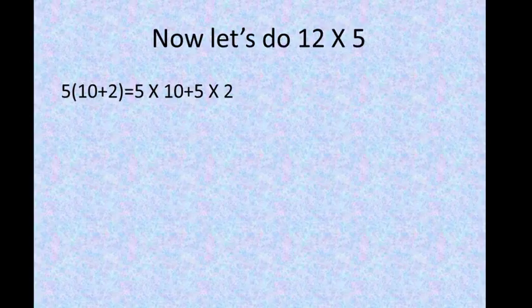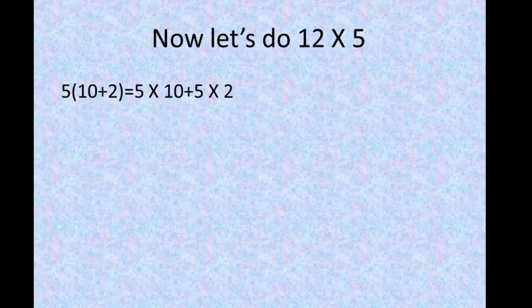So you gotta multiply 5 times 10 and then add 5 times 2. Well, if you just cut off the 0 for now on the 5 times 10, 5 times 1 is 5. So you just get 5 and then put the 0 on the end of that 5 and you get 50.